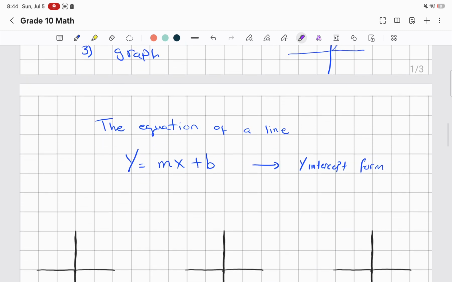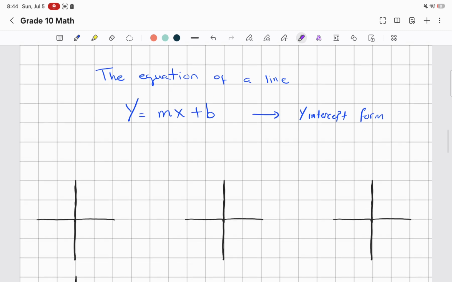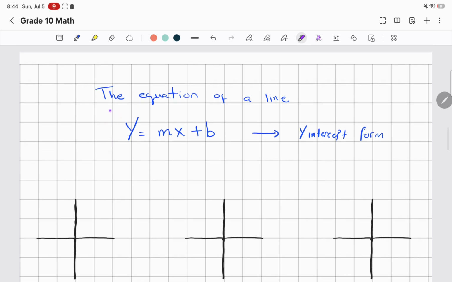Okay, now let's go and look at the equation of a line. An equation of a line can be given in two forms. It can be given in slope and y-intercept form, which is the most common, which is called y equals mx plus b.